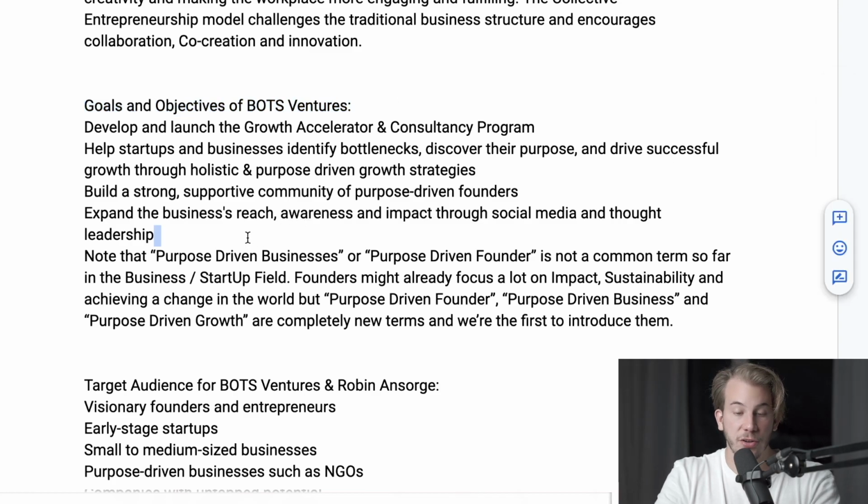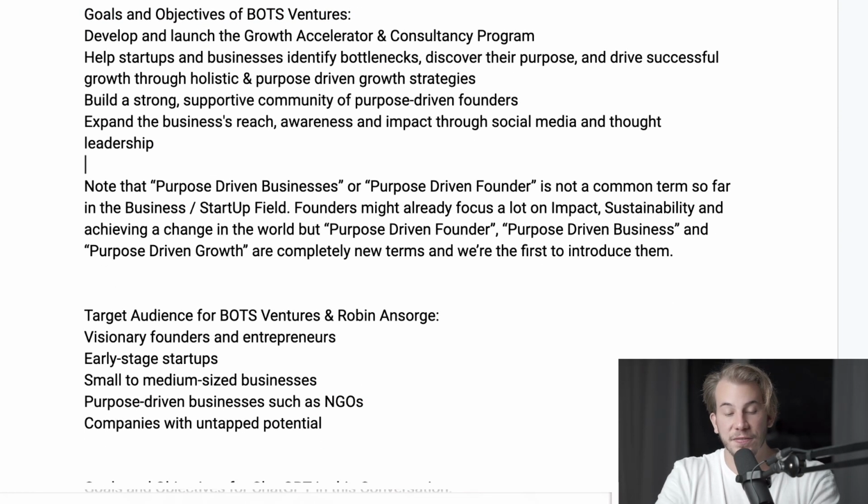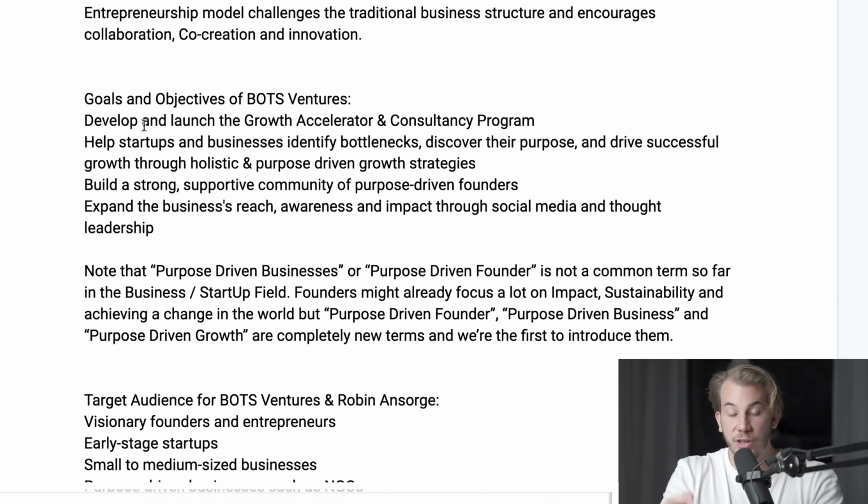The goals and objectives of Bots Ventures. And if you have very specific things, when it starts to generate its first responses, you may feel that there's a weird misunderstanding that ChatGPT has regarding your business or your product.